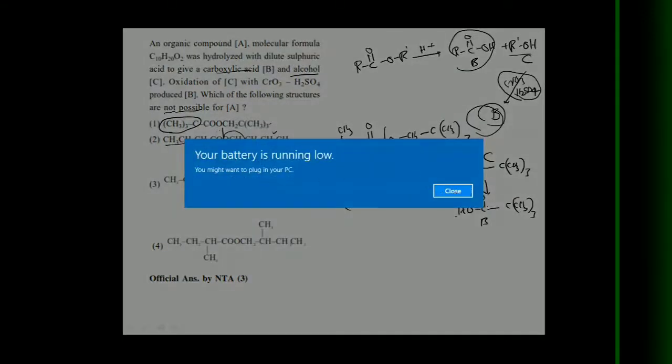Next, coming to this one, on hydrolysis. Actually here it gets hydrolyzed at this H and this is the OH. So here the product is CH3, CH2, CH, OH, CH3.